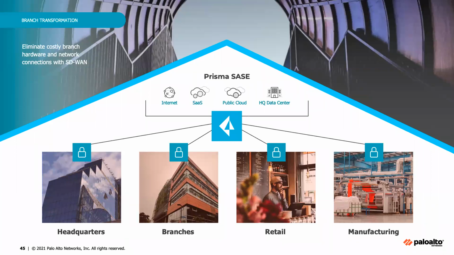And then again, the whole idea of having a distributed infrastructure. We have manufacturing plants, you've got retail stores, you've got branches, you've got headquarters, and all that sort of stuff.